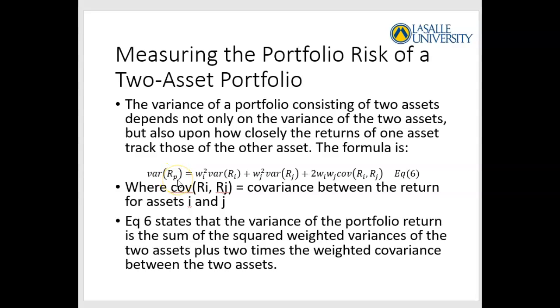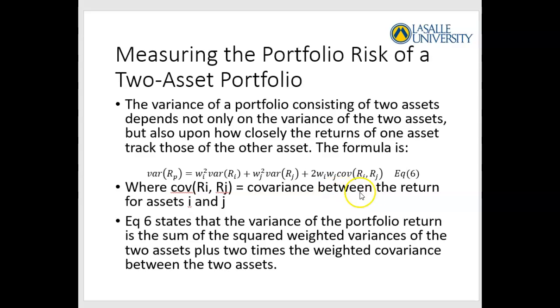of the whole portfolio. What you'll notice is that in our calculation for variance, it's not simply a sum of individual variances, but it also has a third term where we are introducing a new term called Cov(Ri, Rj).